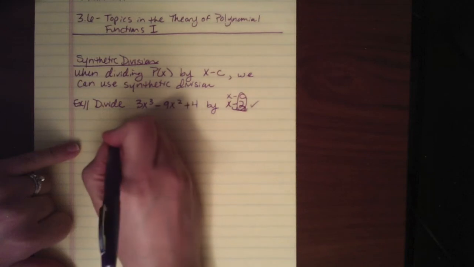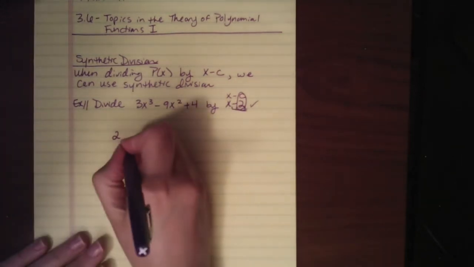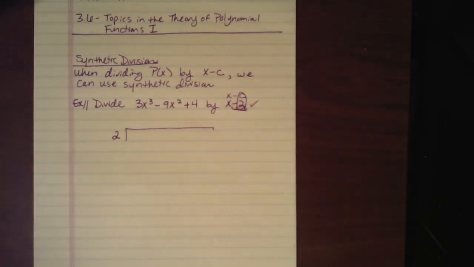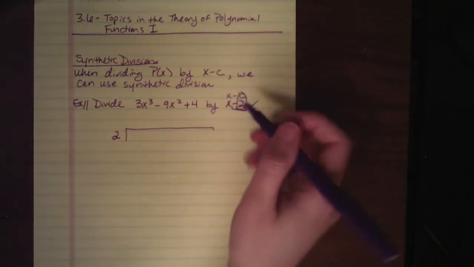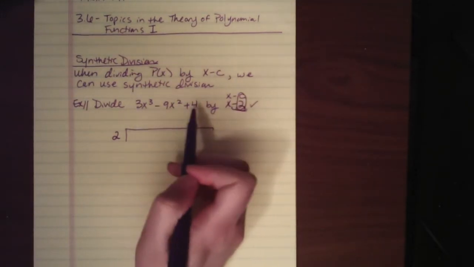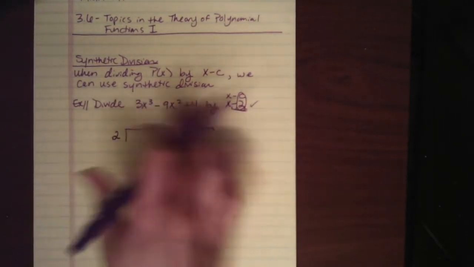Whatever your c value is, you put it down on your paper, and then you make a big long division bar, just like you're going to do some long division. The only values that we're going to be looking at are the c and the coefficients of all of the terms of the polynomial that we're dividing. That's it. We're not going to deal with the x's at all.